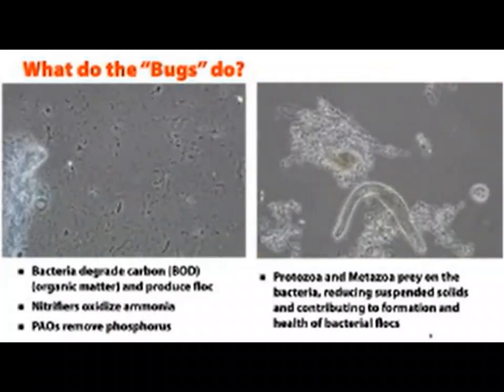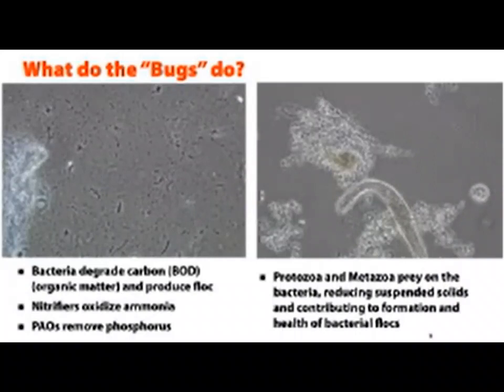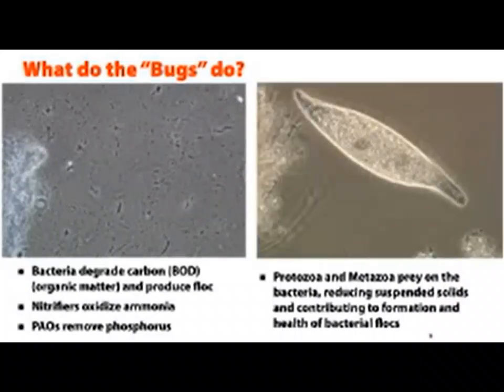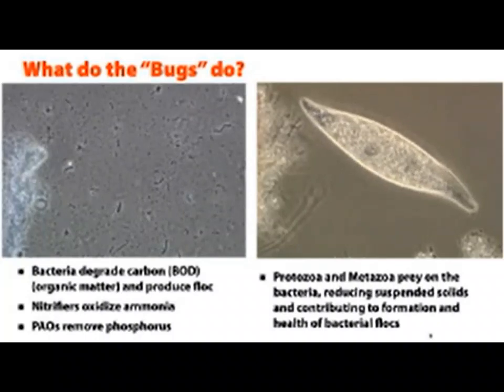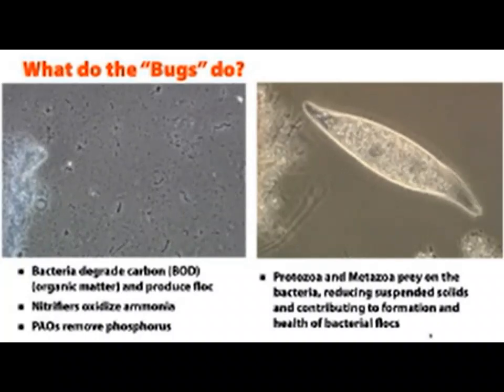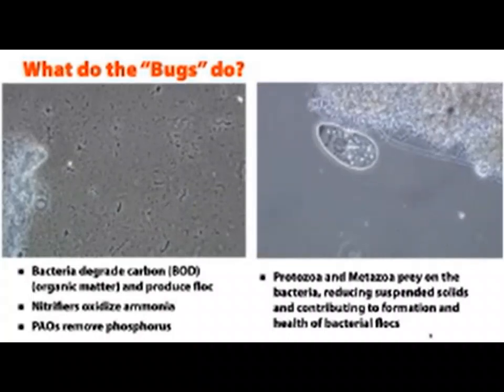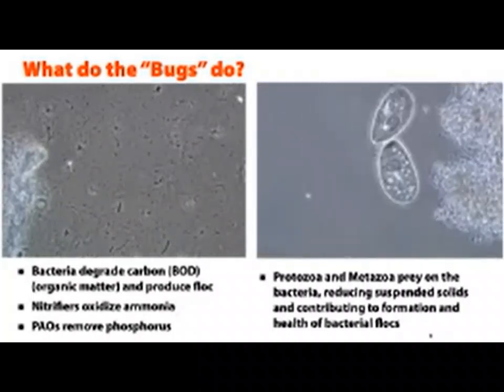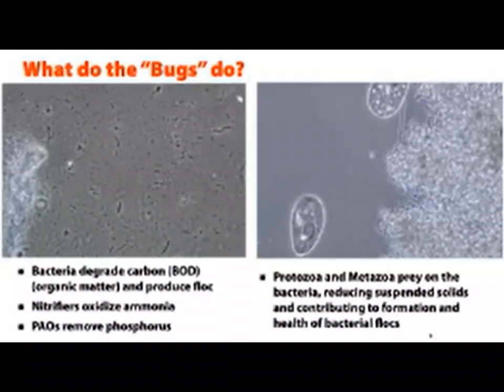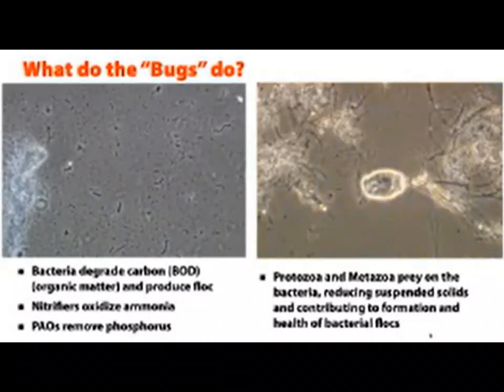So an example would be, you can measure ammonia that comes into the aeration basin, and we can measure the ammonia that goes out of the aeration basin. Ammonia that goes out of the aeration basin is a whole lot less. In fact, it might be completely removed, and something is left in its place. Well, the nitrifiers, let's see now, what was the bug anxious to get or had to get?